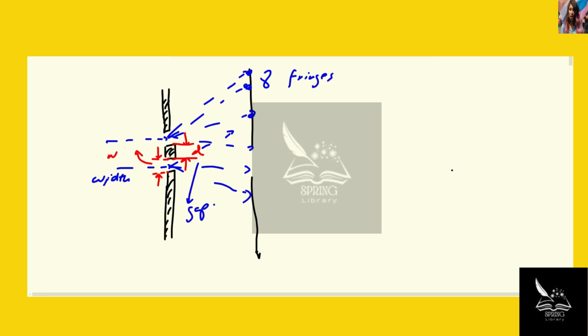So if we look at the problem and we have all these bright fringes, we have 8 of them. The goal of the problem is to determine the ratio of D versus W. So that's the goal of the problem.